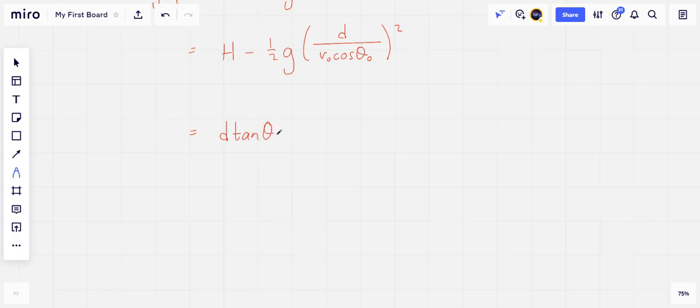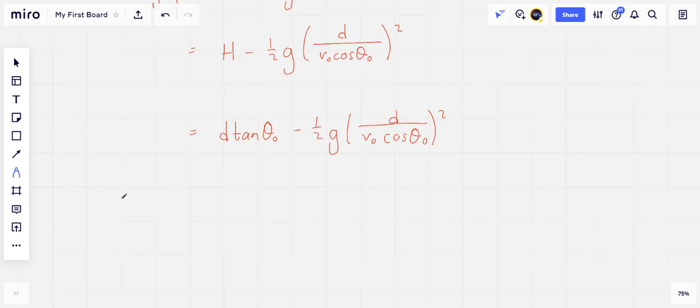So this is d tan theta naught minus a half g into d over v naught cosine theta naught, squared.